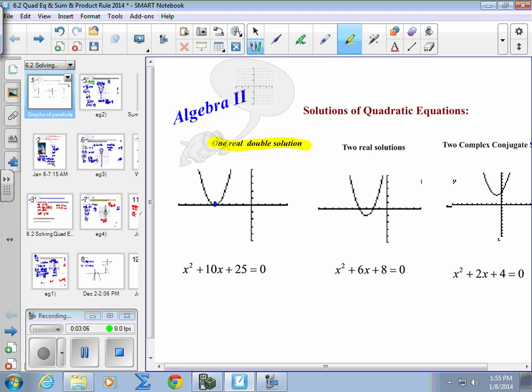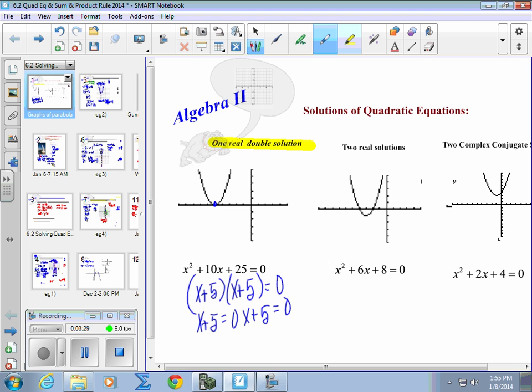It's called one real double root because if you factor this equation, you get x plus 5 times x plus 5. And you see that if you set this equal to 0, you're going to get the same answer. That's why it's called one real double root.